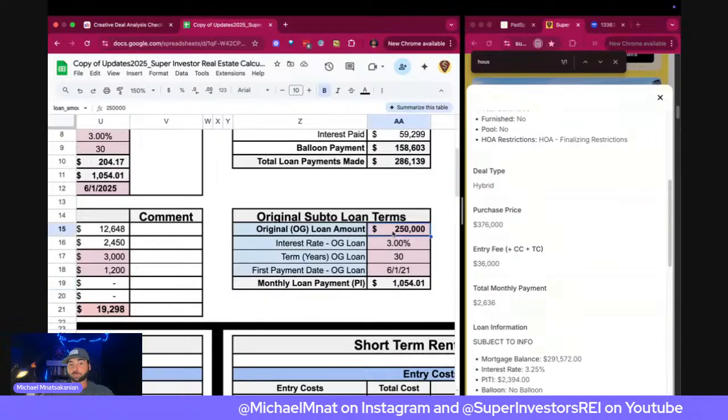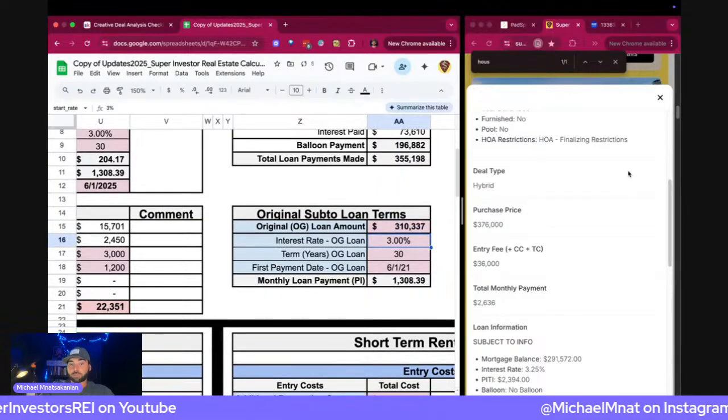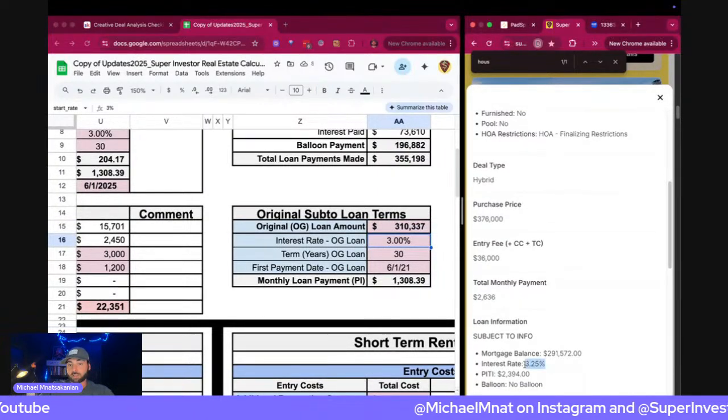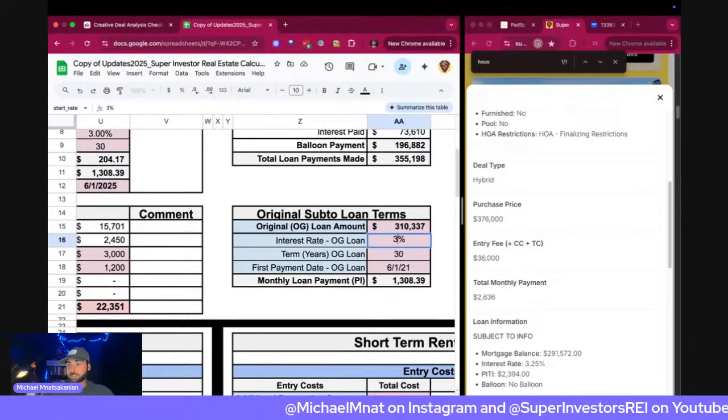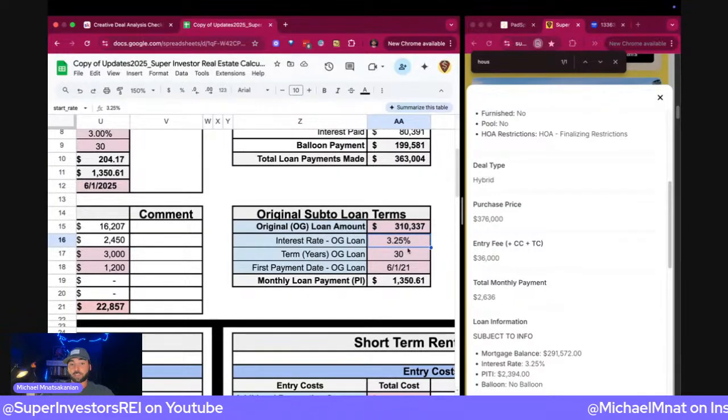The original sub 2 loan, it was $310,337. The interest rate we know from here, 3.25%. PropStream does not get that one right, but it estimates pretty closely. It actually said 3.25, but you're going to need a mortgage statement to verify that. And that's what they have here for that.